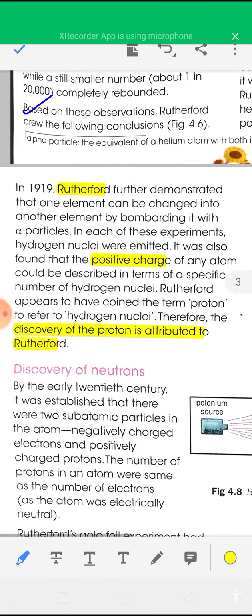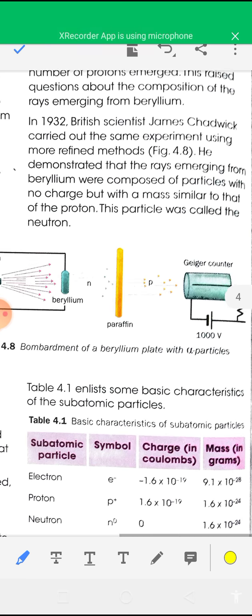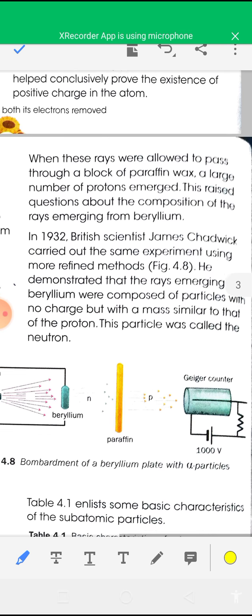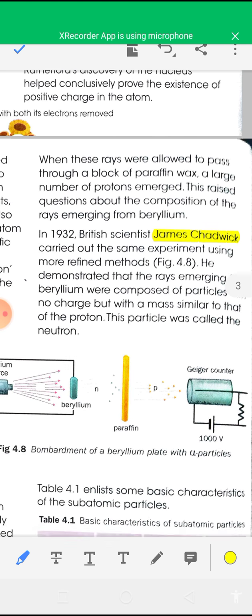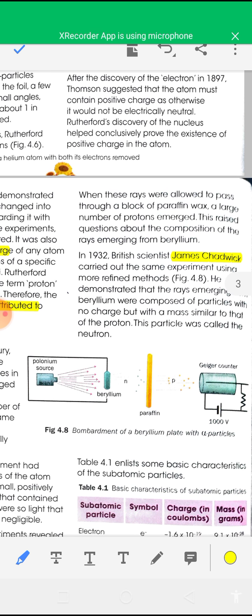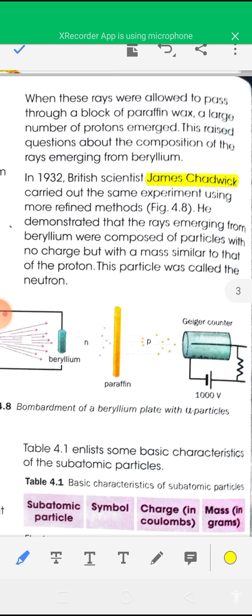And next, discovery of the subatomic particle neutron. British scientist James Chadwick bombarded a beryllium plate with alpha particles, and he proved the existence of neutron particles in an atom.